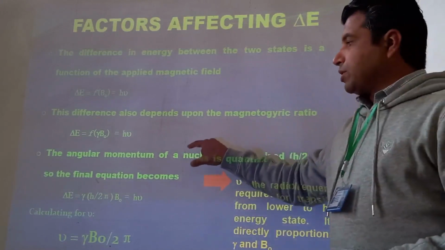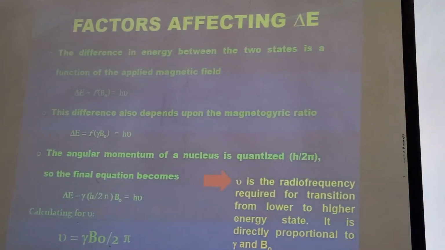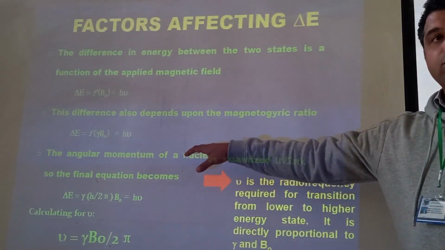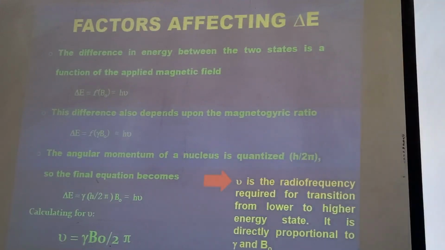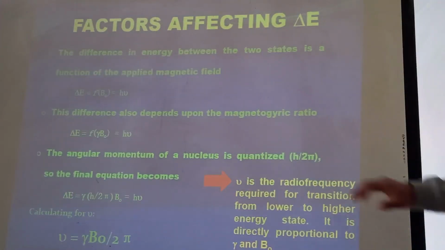Now, the angular momentum, because each of these nuclei has a different angular momentum. When you place them in a particular magnetic field, each of them has a different angular momentum. Why? Because they have different charges and different mass values. So each of them has a different angular momentum, and that is quantized. So you can quantify the angular momentum.